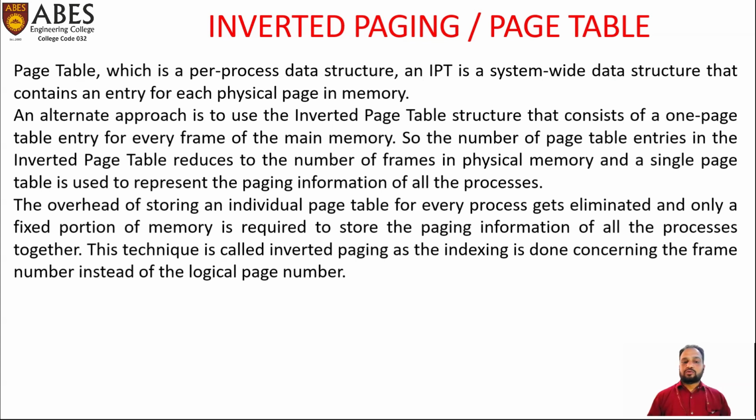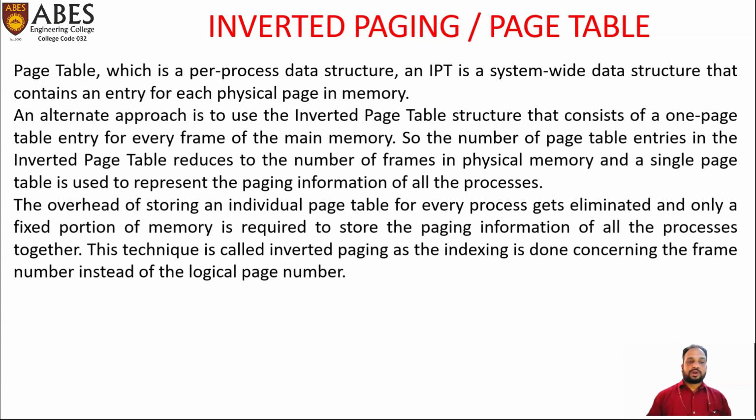The alternate approach for the IPT structure consists of one page table entry for every frame. Means there is a page table entry which maintains the records of all the frames available in the main memory.